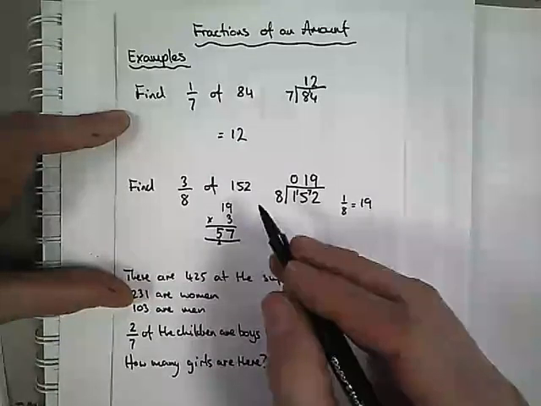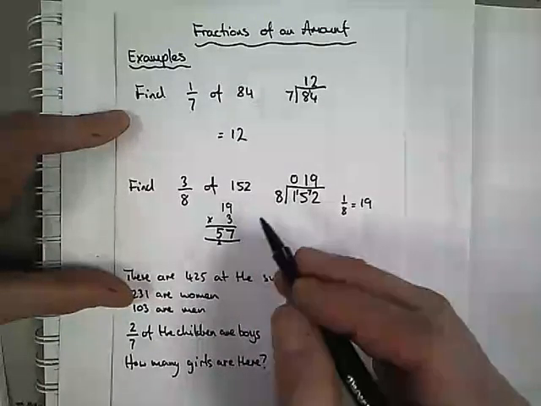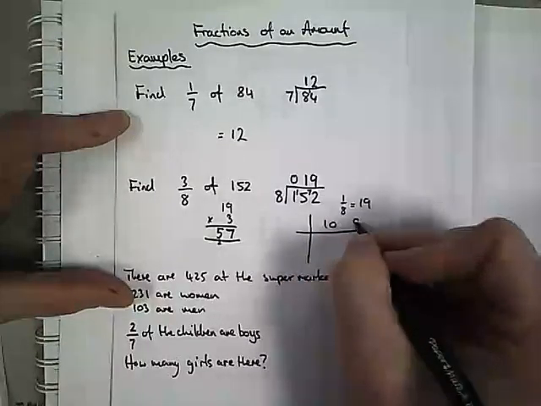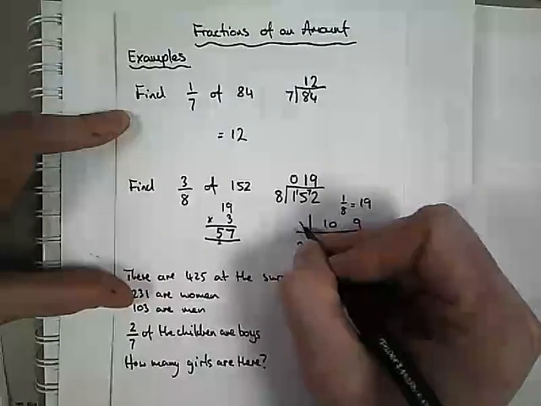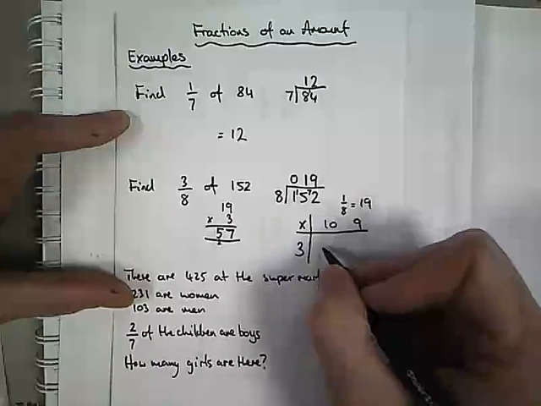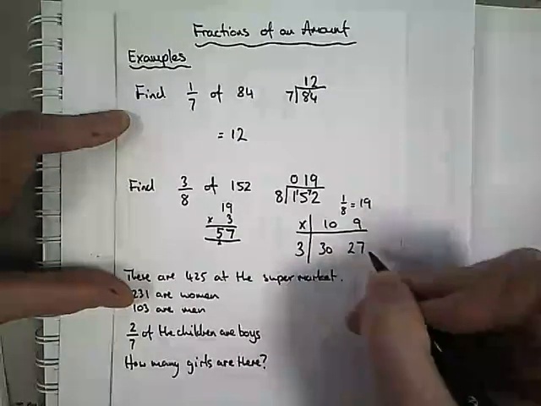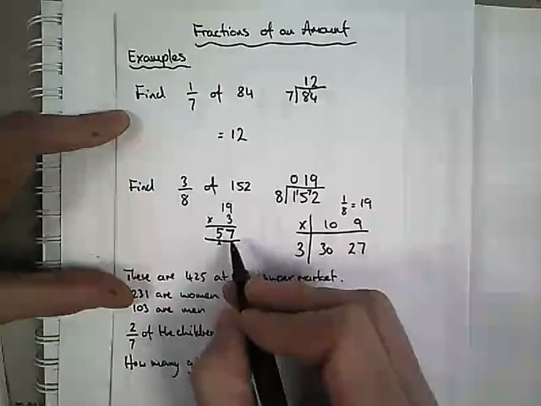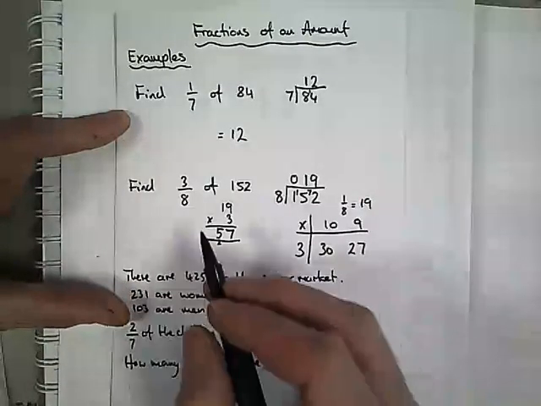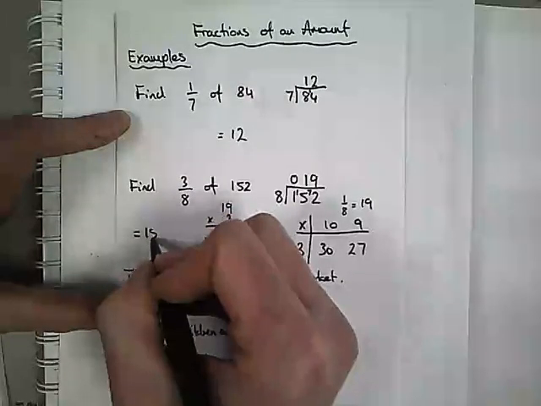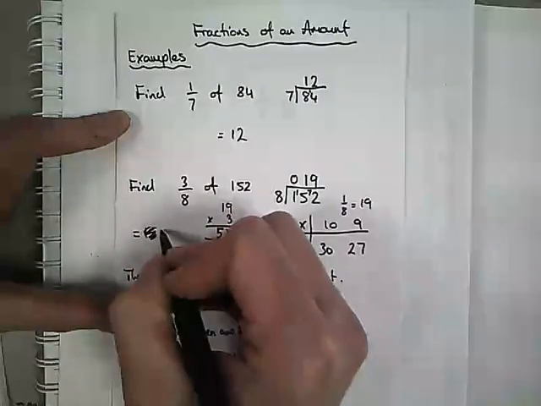Split it up into 10 and 9, and then have 3 down the side. 3 times 10 is 30, 3 times 9 is 27, add the 2 together, I get my 57. So 3/8 of 152 equals, oh sorry, not 157, just 57.